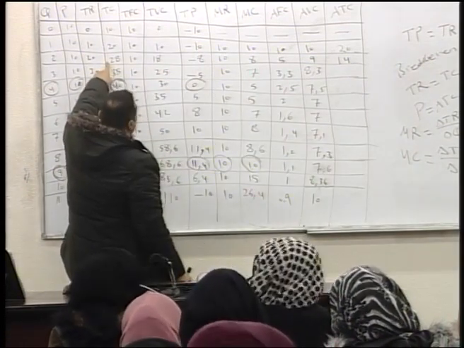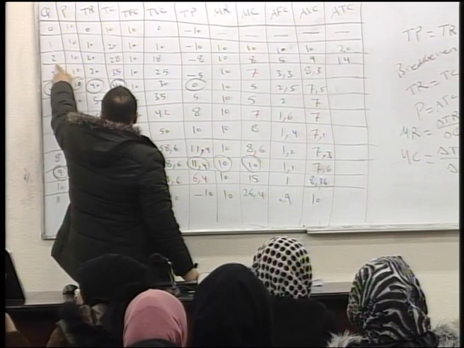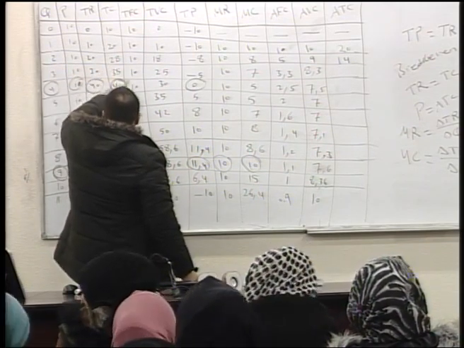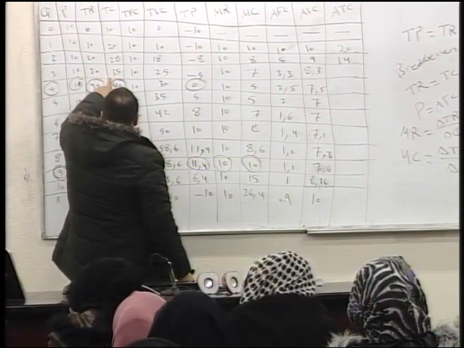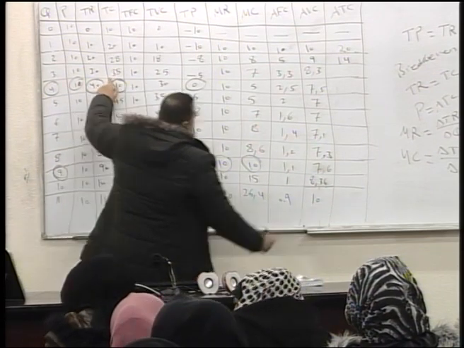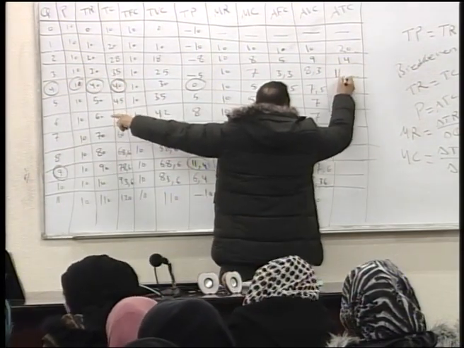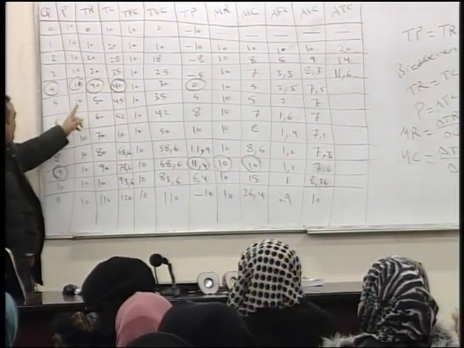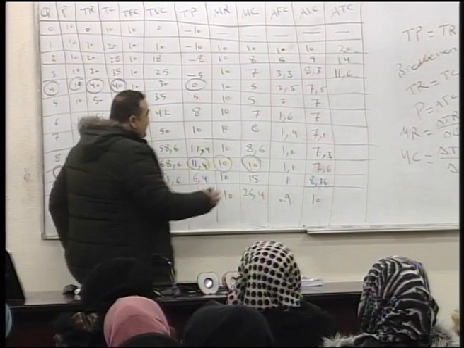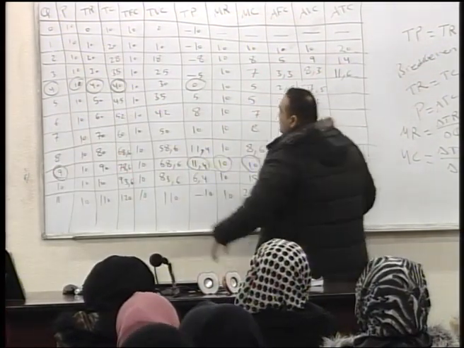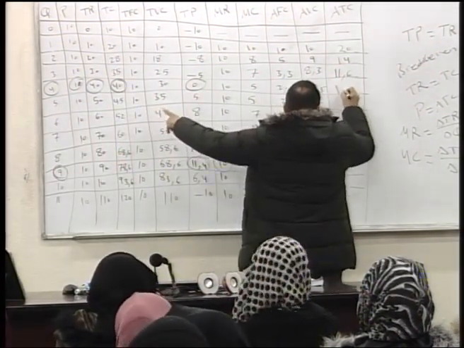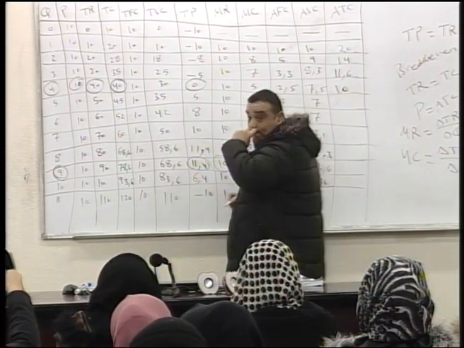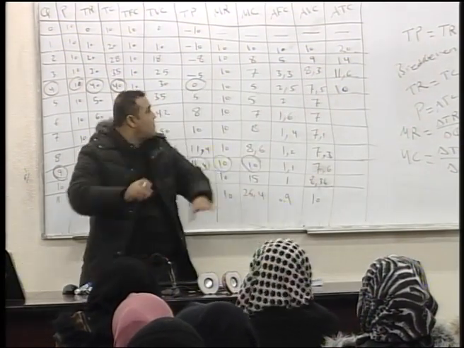TC over Q, 14, and then 11. 45 over 5, 10. Okay.